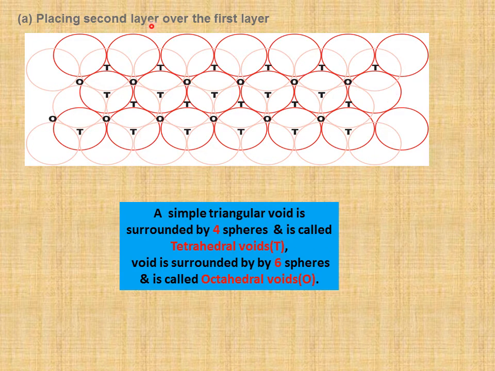Just now understand that this arrangement produces two types of voids. A triangular void surrounded by 4 spheres is called a tetrahedral void. Remember, a tetrahedral void is made from 4 spheres. A void surrounded by 6 spheres is called an octahedral void.